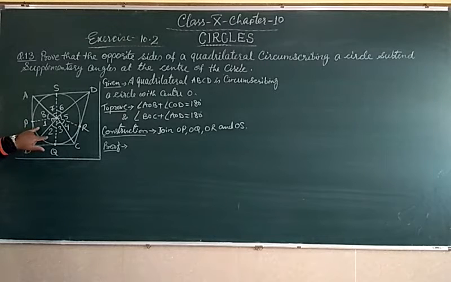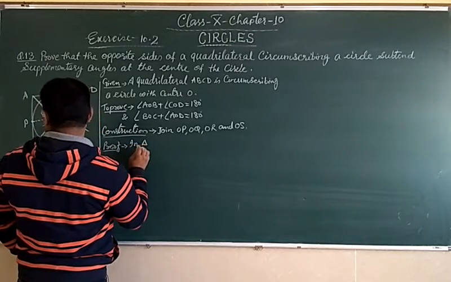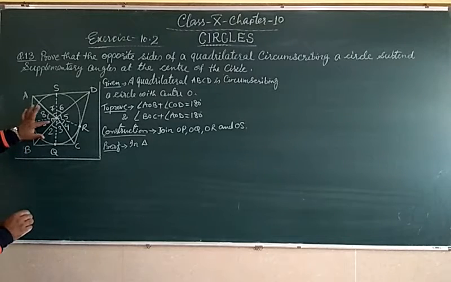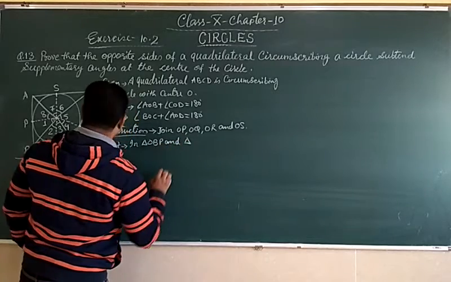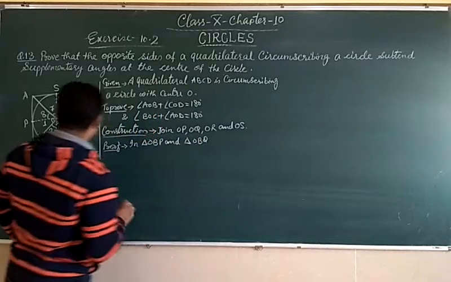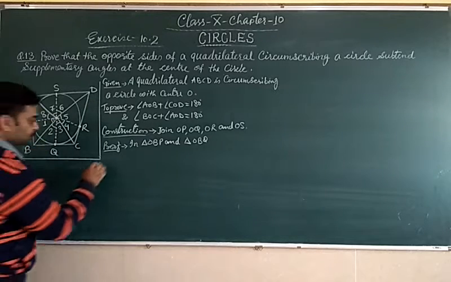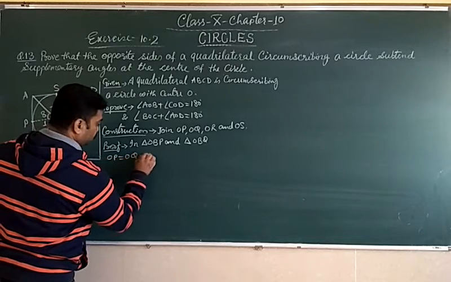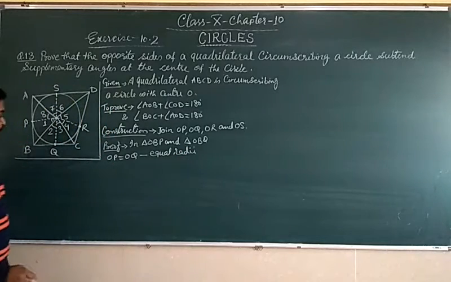See, if we take these two triangles, we'll write in triangle OBP and triangle OBQ. What do we have? We have OP is equal to OQ because both are radii.